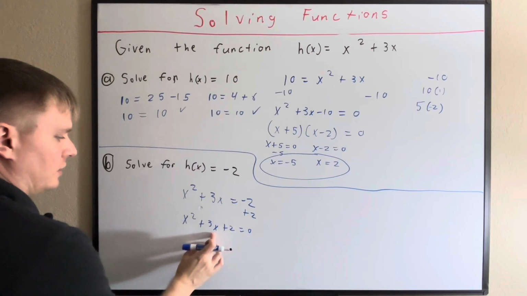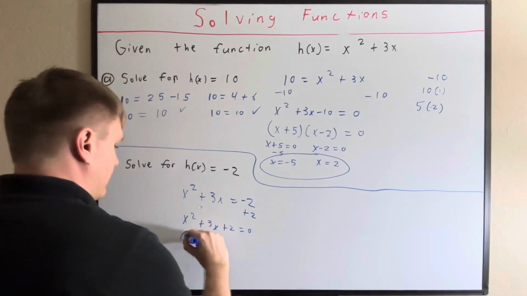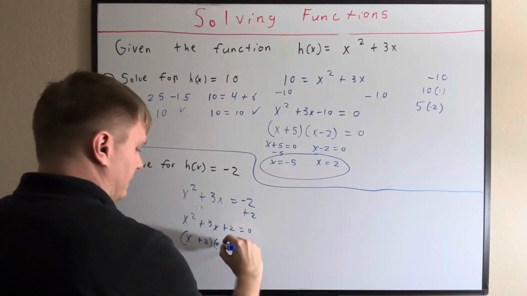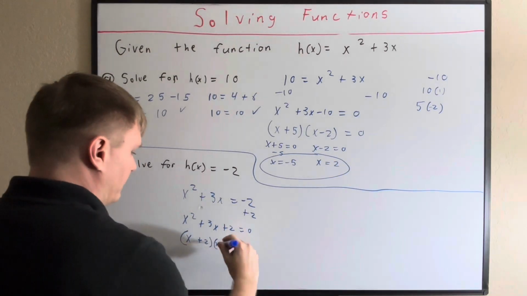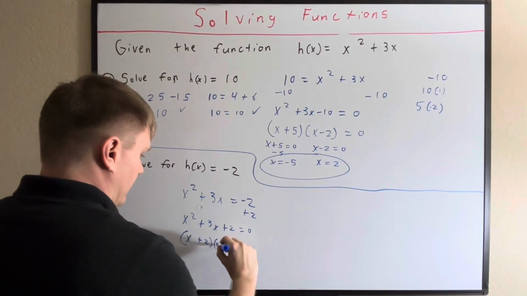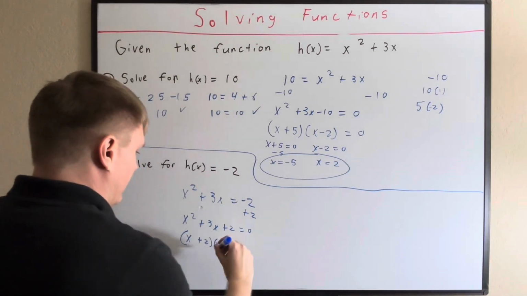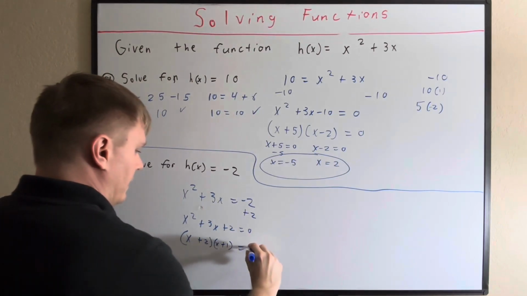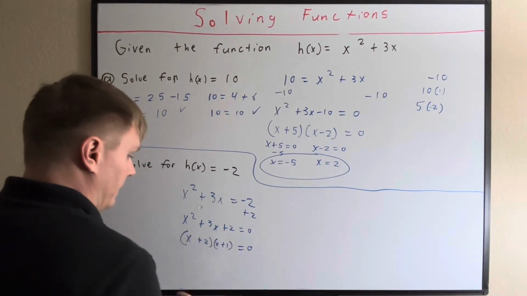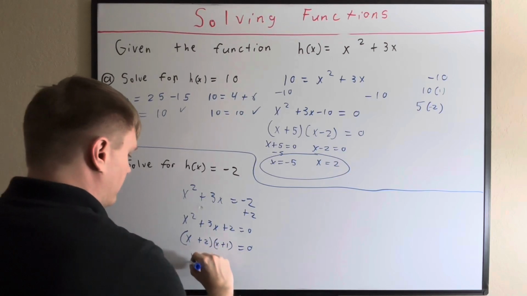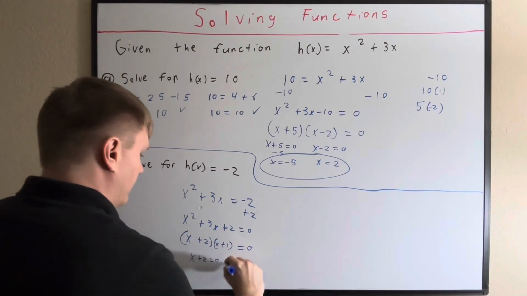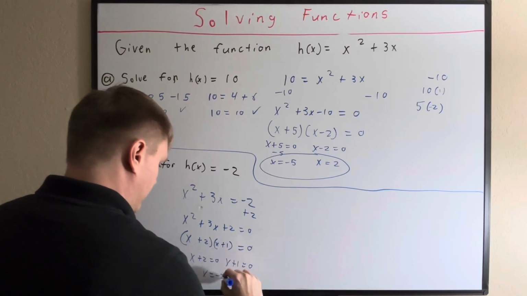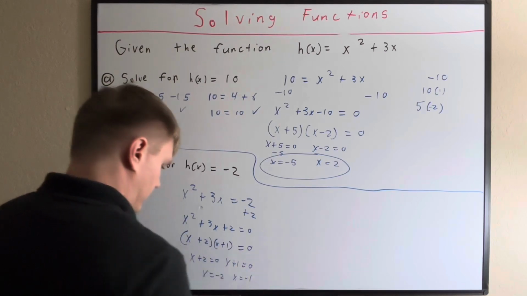What multiplies to get 2 but adds to get 3? 2 times 1, right? The only two numbers you can multiply together to get 2, rational numbers, I mean. And they add to get 3, so that works. So x plus 2 equals 0, and x plus 1 equals 0. So x equals negative 2, right? And x equals negative 1.